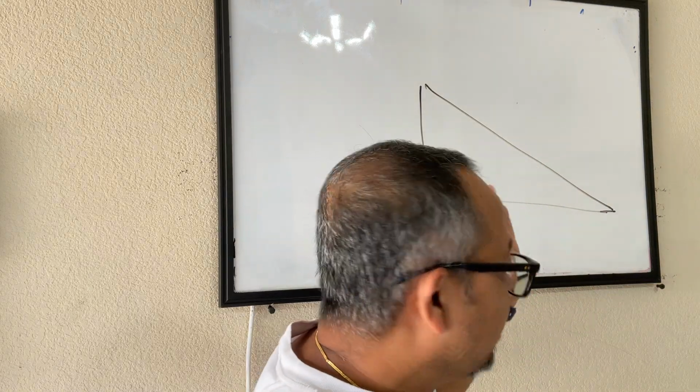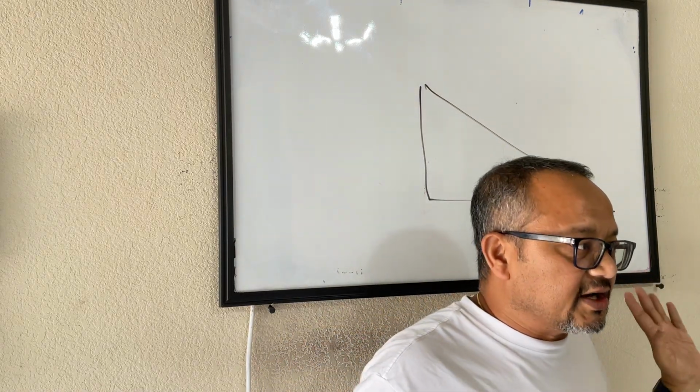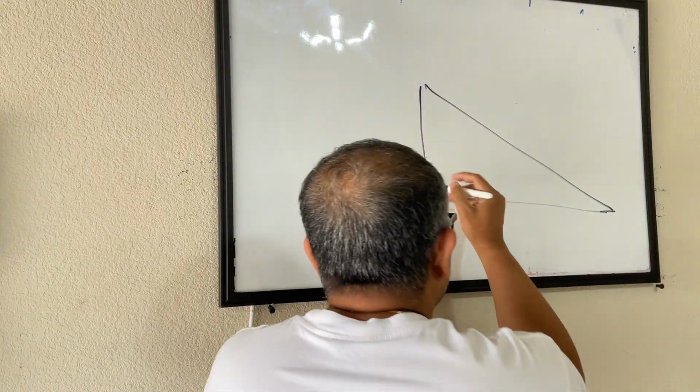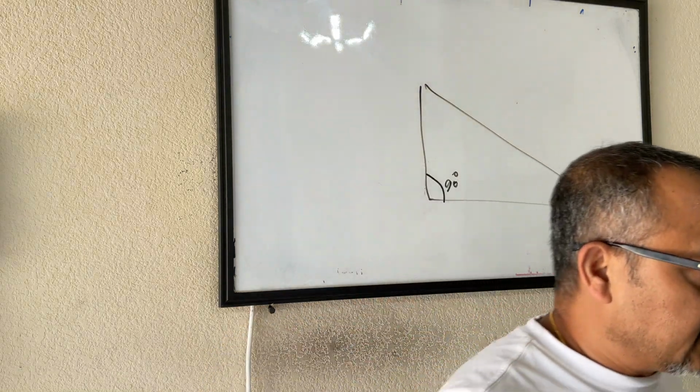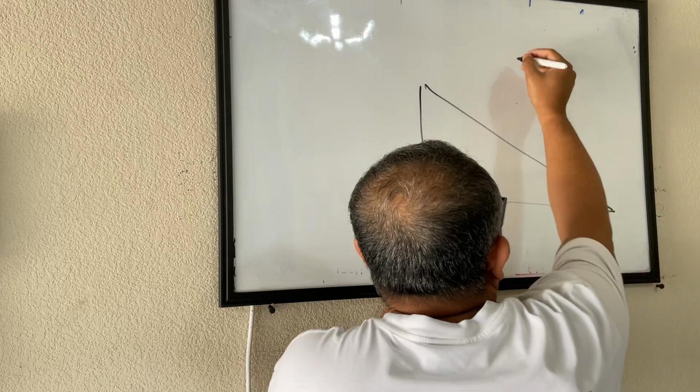Alright. So here, when you look at this triangle, this is called a right angle triangle. Why? Because one of the angles is 90 degrees, or a right angle. That's why this is a right angle triangle.